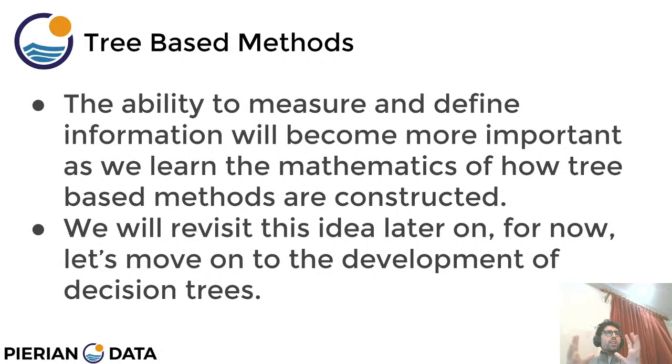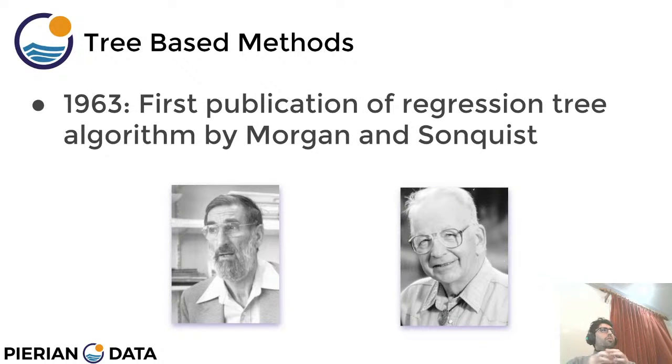That's going to become more important as we learn the mathematics of how this is constructed when we talk about Gini impurity. So I'm just going to quickly go through decision trees and how they're developed and constructed. The statistical decision tree process was first published in 1963, and it's a form of regression.